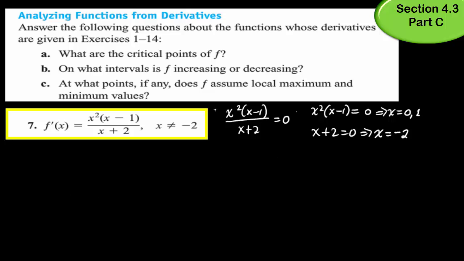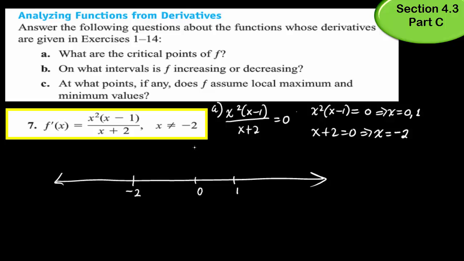Since we've already found the critical numbers or critical points, we take the real line and we subdivide it. We start from -2, and then we take 0 and then 1. I'll spread it out this way, and you see that these are our different sections.